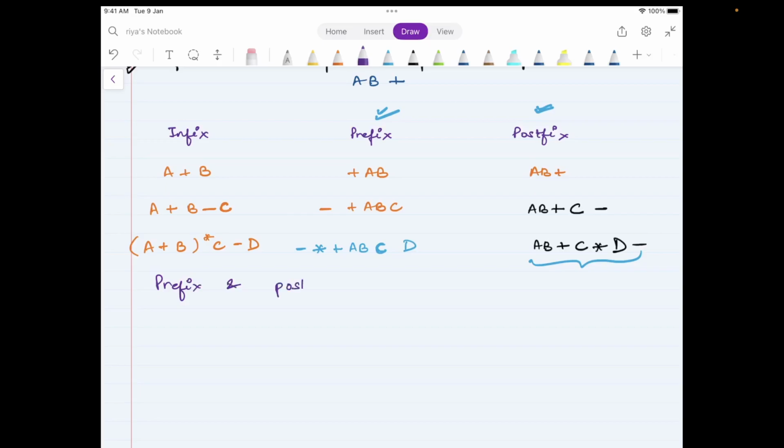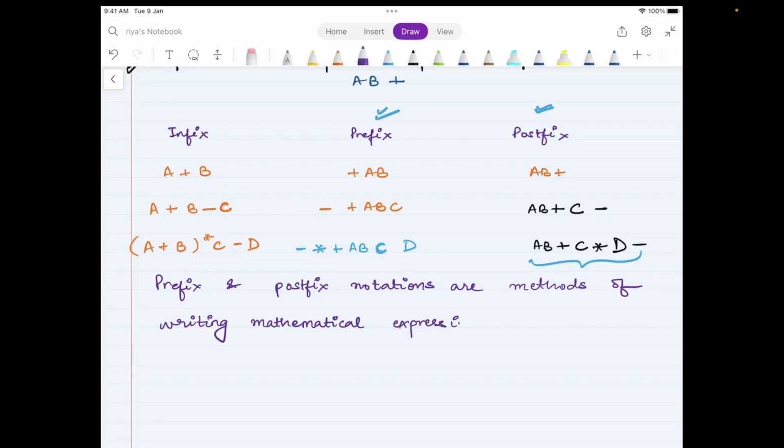Prefix and postfix notations, okay, are methods of writing mathematical expressions without parentheses.